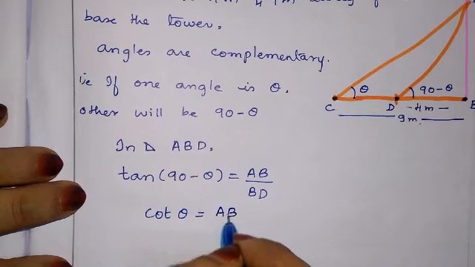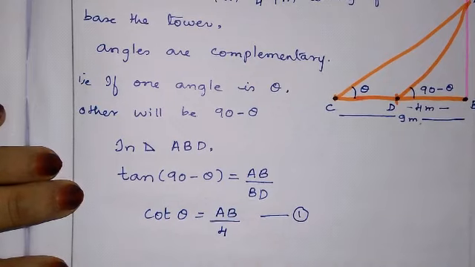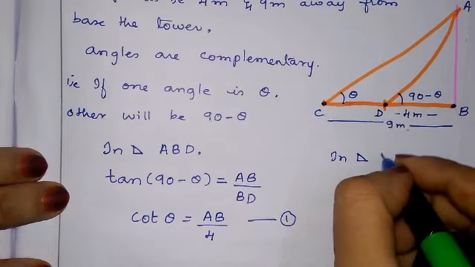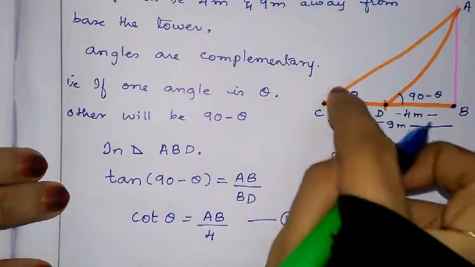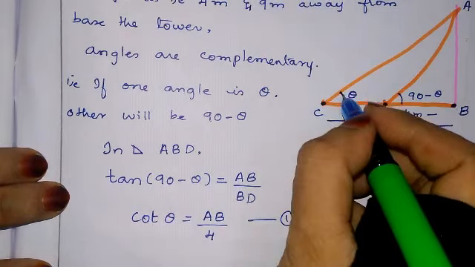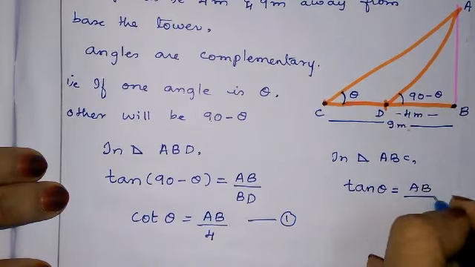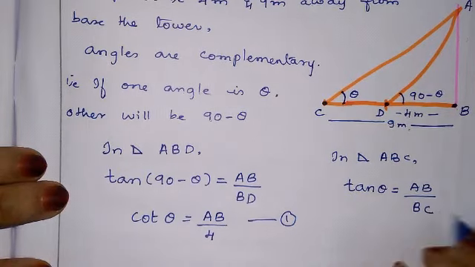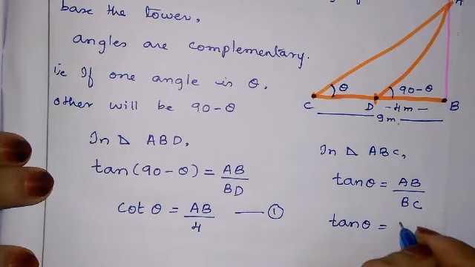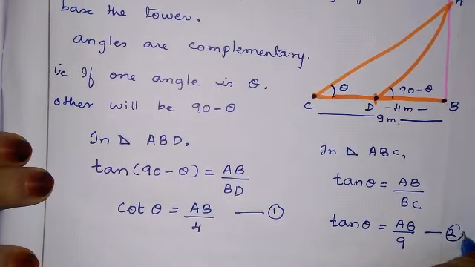AB we don't know, but BD is 4. Let us consider this as equation 1. Now in triangle ABC, tan theta is equal to, because this angle is theta, AB by BC. So tan theta, as it is not a complementary angle. BC value is 9. Equation 2 we will consider now.